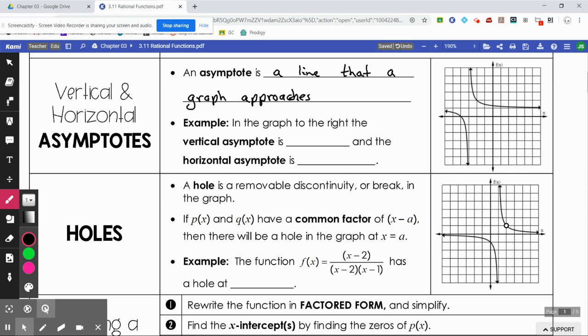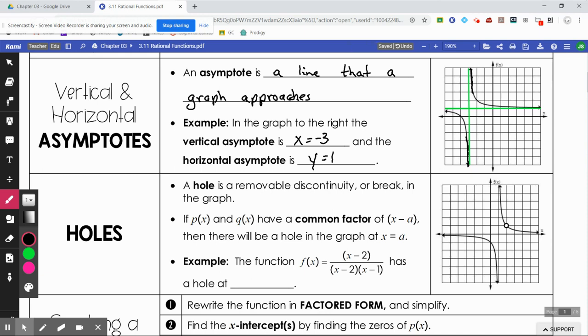For example, in the graph to the right, the vertical asymptote is, and I drew it for you there, x equals -3. Remember that vertical lines have equations of x equals, and the horizontal asymptote is y equals 1. And again, I drew that one as well. Notice that my graph gets closer and closer to these lines, but never crosses them.